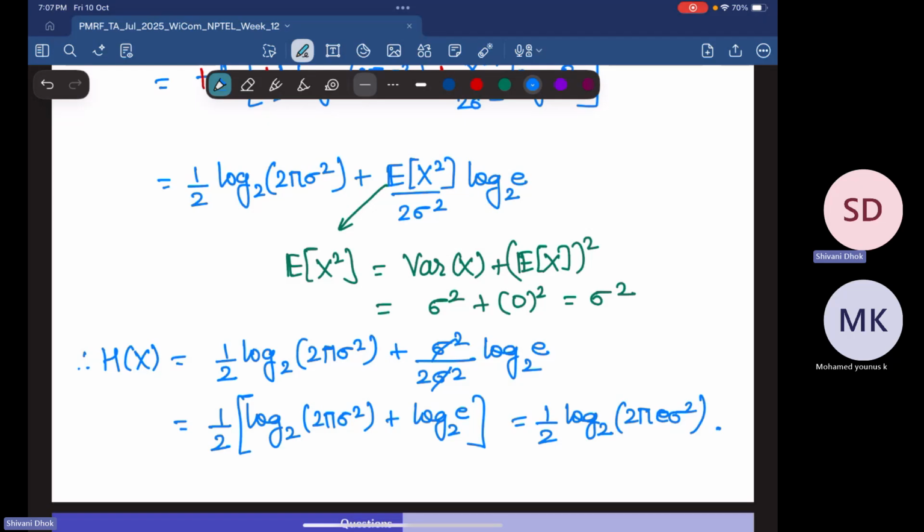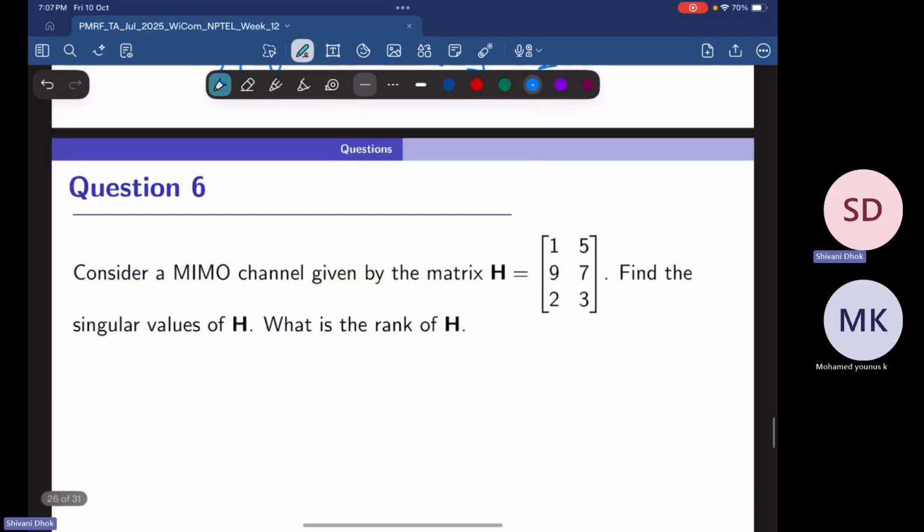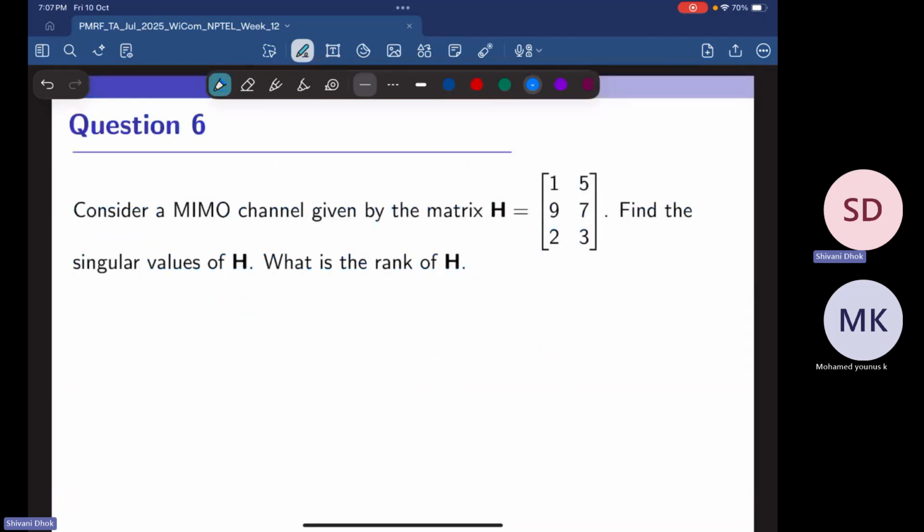Okay. So this is all about your mutual information, capacity and all those things. Now I'll switch gears to MIMO. I'll take up a toy example of a MIMO channel. Then we'll try to represent that particular MIMO channel in parallel decomposition form, and then we'll find its capacity.